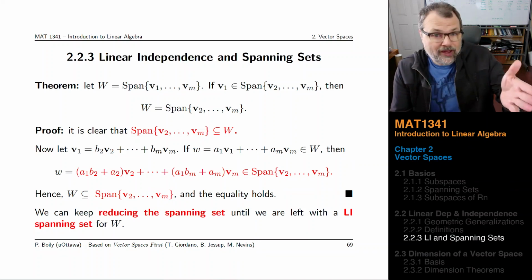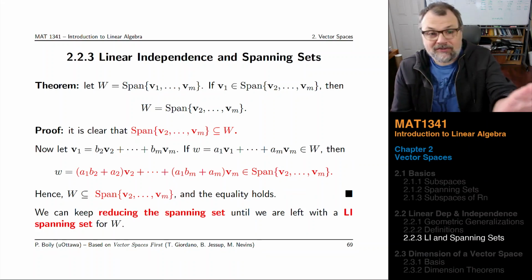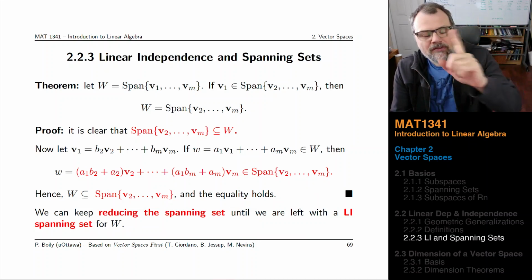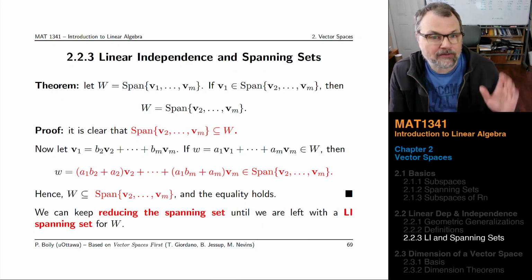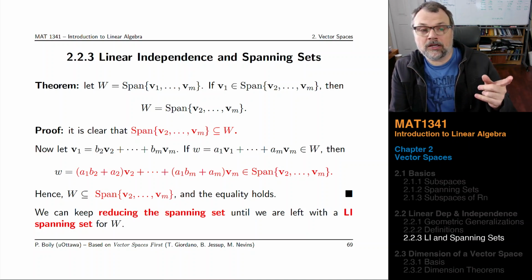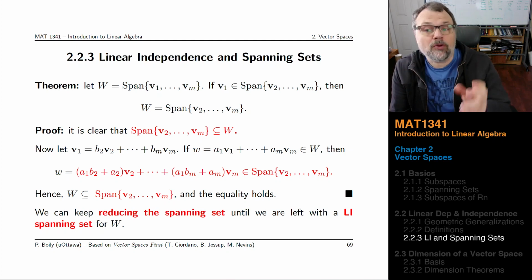If the first vector, it doesn't have to be the first, but let's call it the first one, we'll renumber if needed, is in the span of the remaining vectors, then the subspace W was in fact more simply described as the span of the remaining vectors.